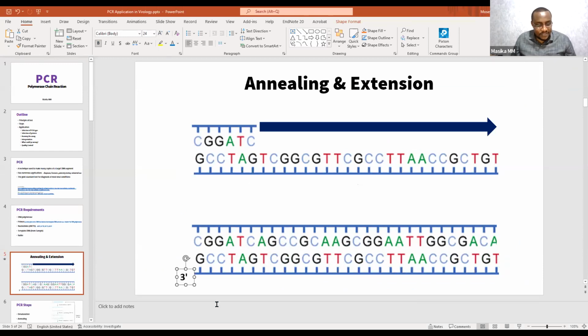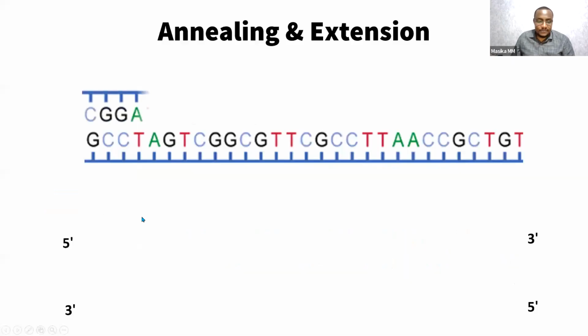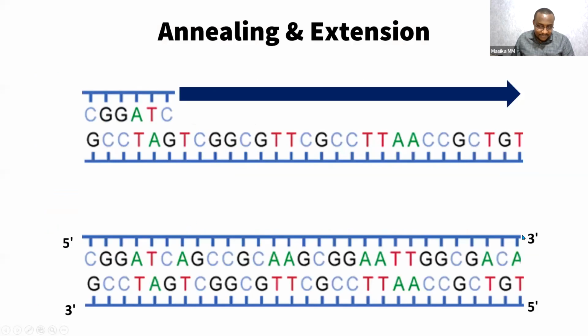So this strand is running from 3' to 5', and the other one is the opposite. So you can see the upper strand is running from 5' to 3'. The lower strand is running, on this side, of course, 3' to 5', but essentially it's running this way.